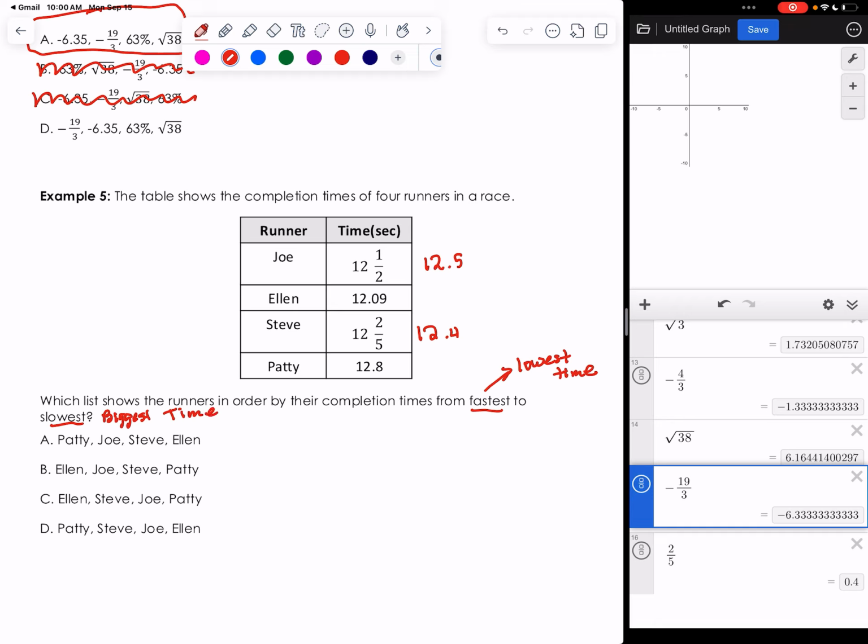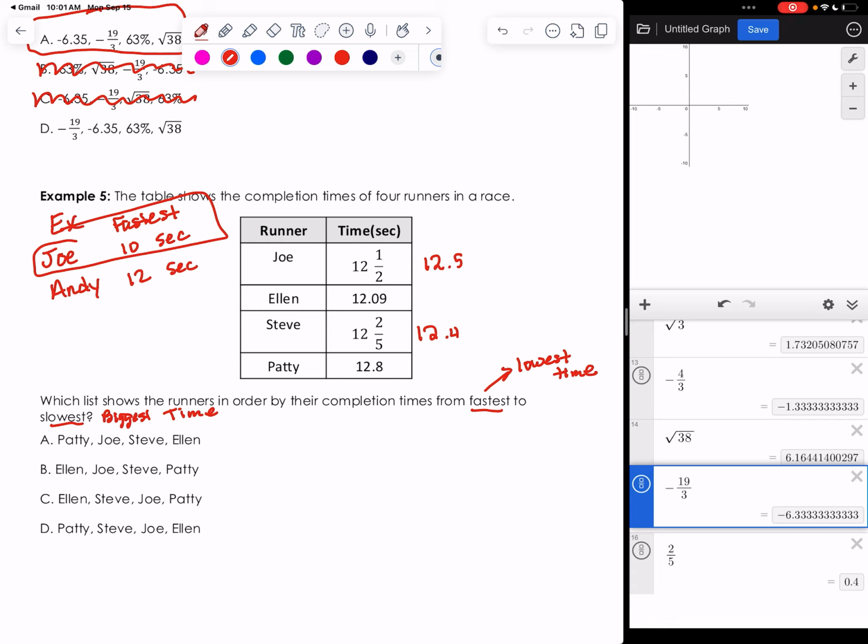For example, if you had 2 runners in a race, let's say you had Joe and Andy, and Joe finished the race in 10 seconds, and Andy finished the race in 12 seconds. Who was the fastest? Joe would be the fastest because he finished in less time. So if I want the fastest, that means I need the person with the lowest time.